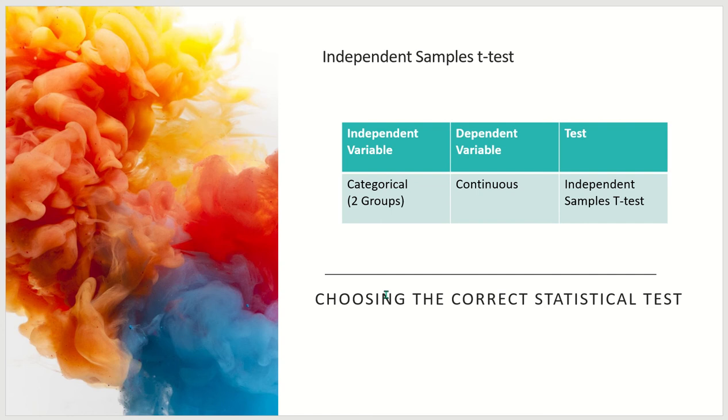So the way we know whether or not to use an independent samples t-test is if you plan on comparing two groups of people on some kind of dependent variable that is using continuous data. And by continuous, I mean either ratio or interval type of data.